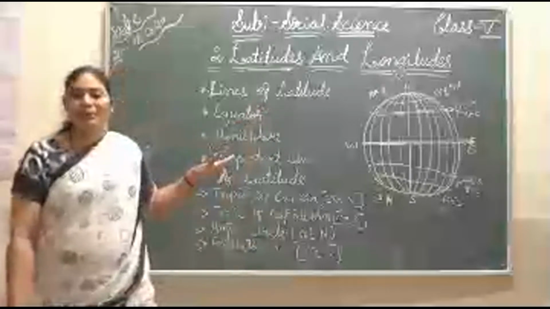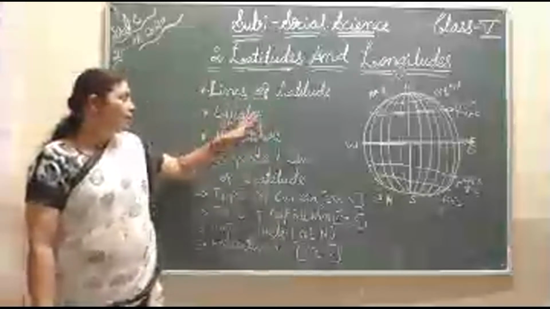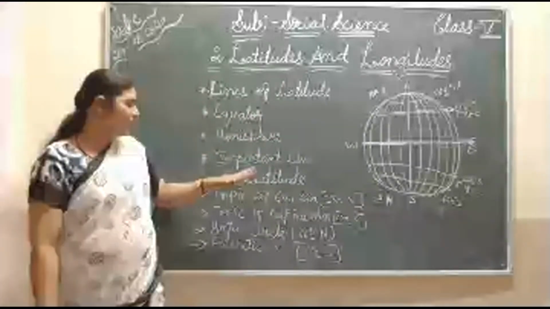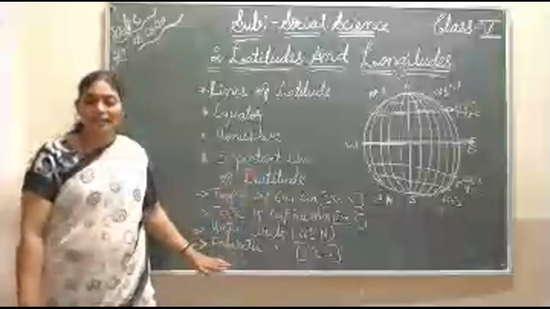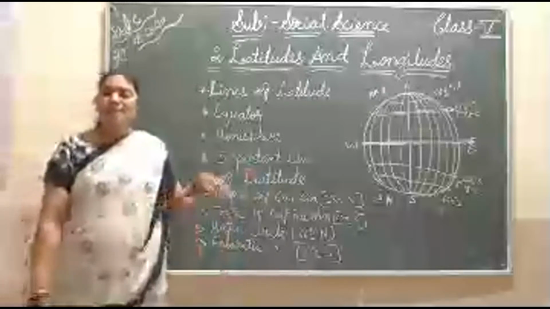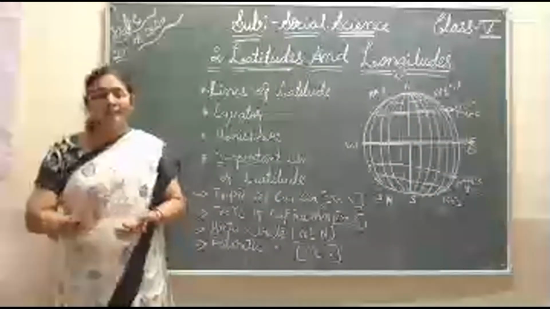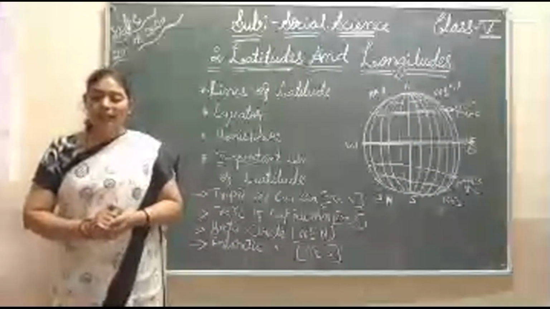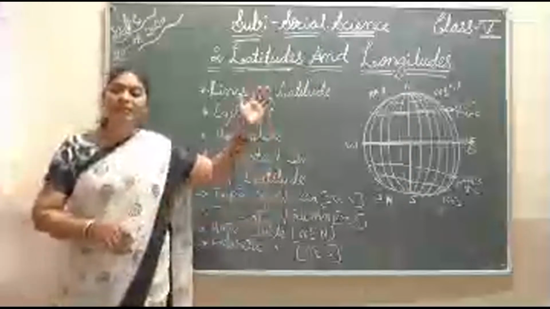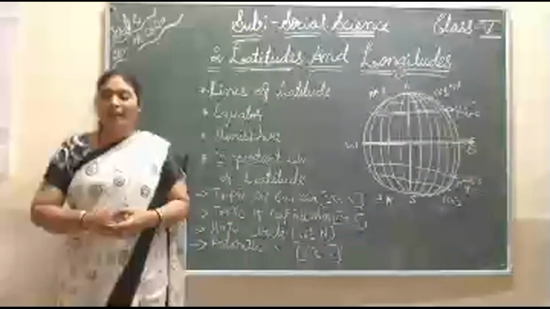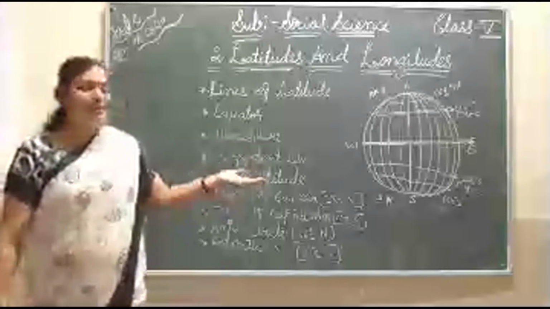So once again I am repeating, listen carefully. Lines of latitude, equator, hemisphere, important lines of latitude. These are the four important lines. So the earth appears to be covered by many imaginary lines, vertical and horizontal. Vertical lines are called the latitude lines, means they run from north to south, and horizontal lines are running from east to west.